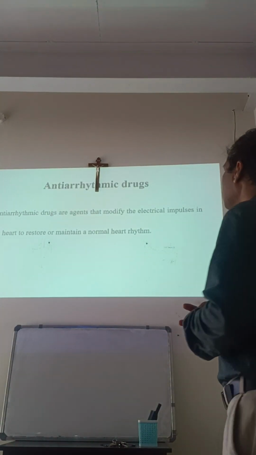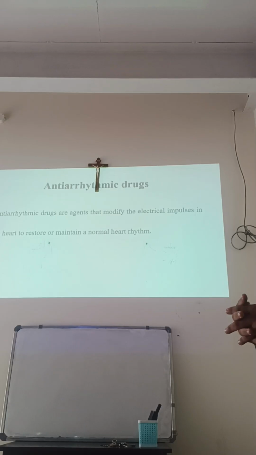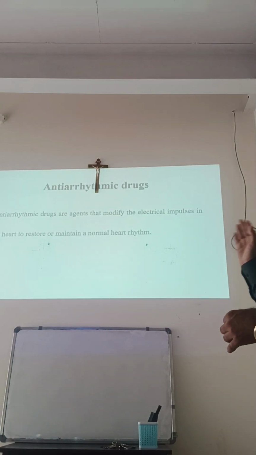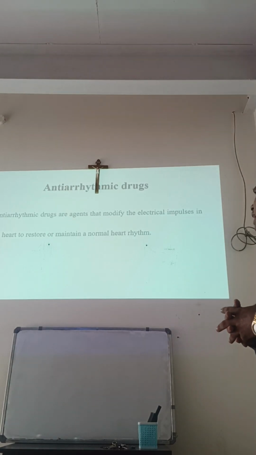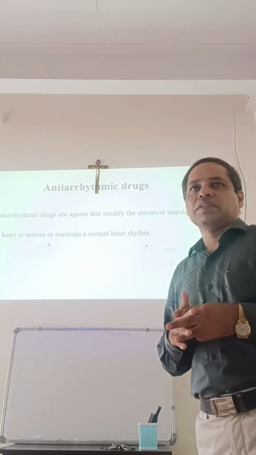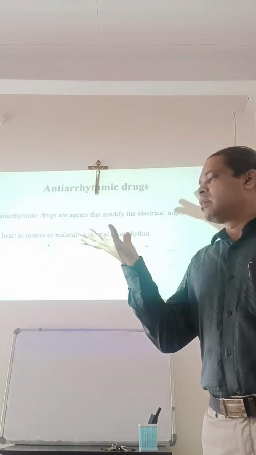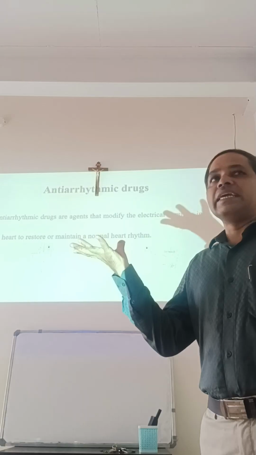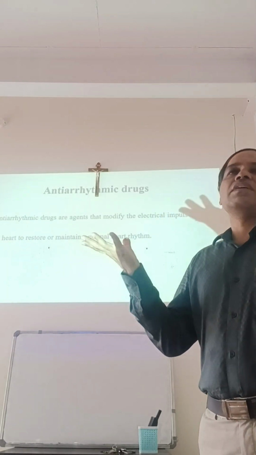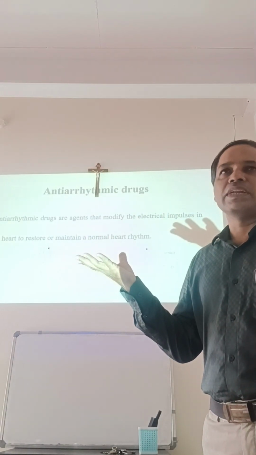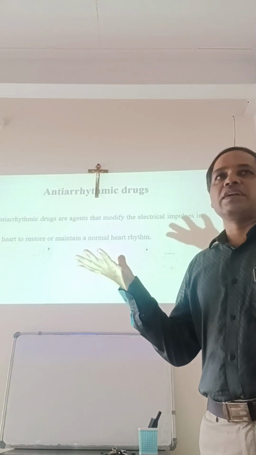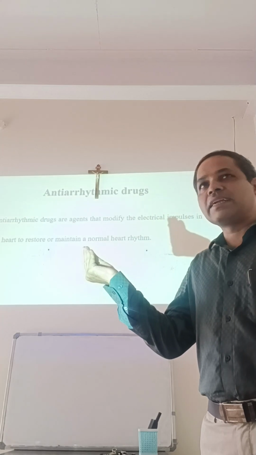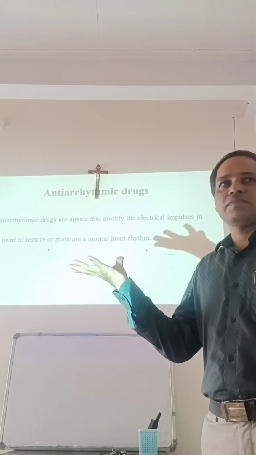So, antiarrhythmic drugs are agents that modify the electrical impulse in the heart to restore or maintain normal heart rhythm. Suppose, as I told, the heart has to pump. Suppose the rate is 72 beats per minute on average, and it becomes 200, for example. 200 means there is no time to contract and relax, just shaking.